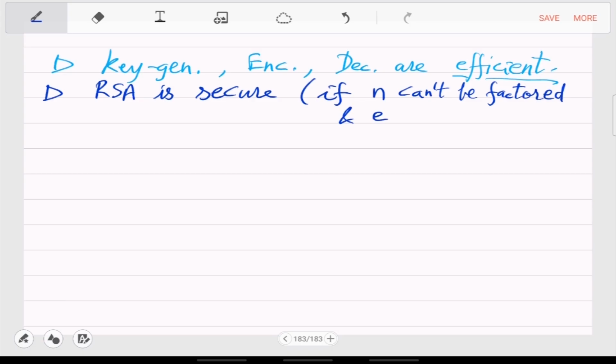And this C to the 1 by E mod n can't be found. So the first question is the integer factoring question. There are no algorithms for integer factoring which can match practice.